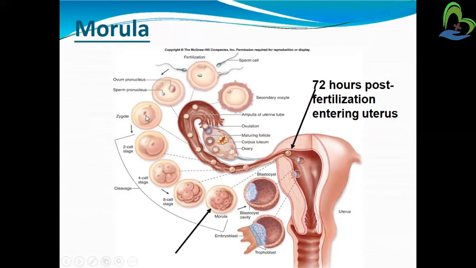When the zygote is prepared, binary division takes place: from 1 to blastomeres, 2 to 4, 4 to 8 and 8 to 16. When the 16-cell stage occurs, it is known as a morula. After the post-fertilization events, in 3 days, meaning 72 hours, it enters the uterine cavity. So this is the summary of the morula.